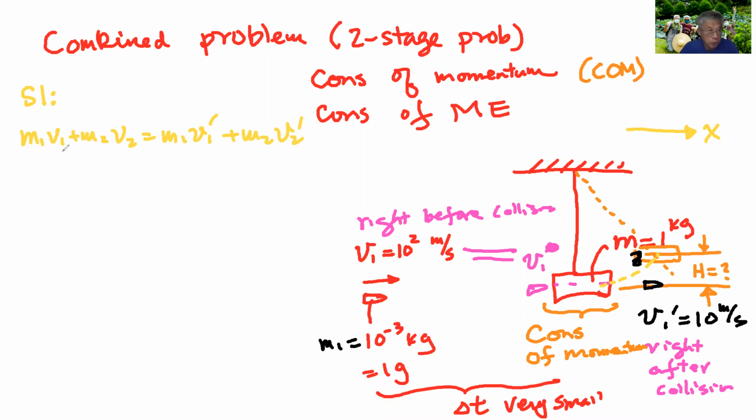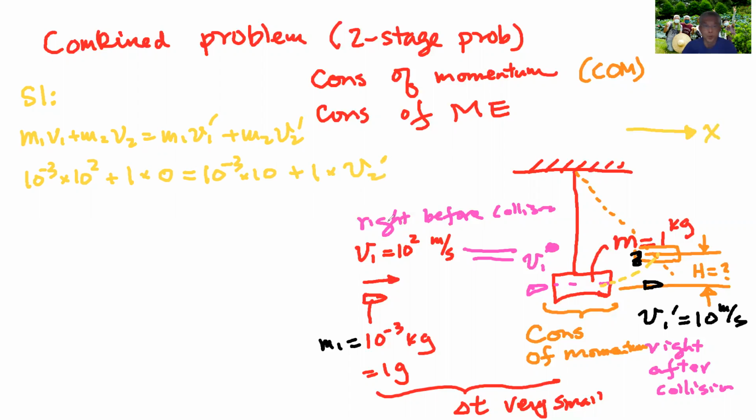M1 is equal to 10 to the negative 3, V1 is equal to 10 to the 2, plus M2, which is equal to 1, and V2 is 0, initially at rest. That equals 10 to the negative 3 again times V1 prime, which is 10, plus M2 equal to 1 times V2 prime.